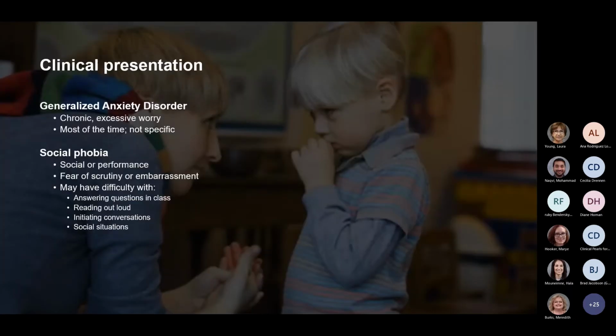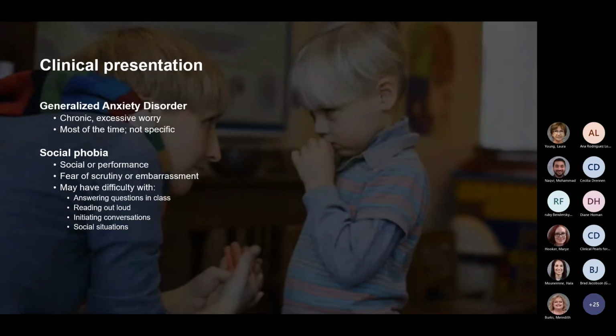Then we can have generalized anxiety disorder, which is a chronic excessive worry in different areas, and the patient has trouble controlling the worry. This worry is present the majority of the time, and the worries are not limited to a specific object or situation. So this is the person who, when you ask them what worries them, they say everything, and then they go through a list of different things that they can think of at that time.